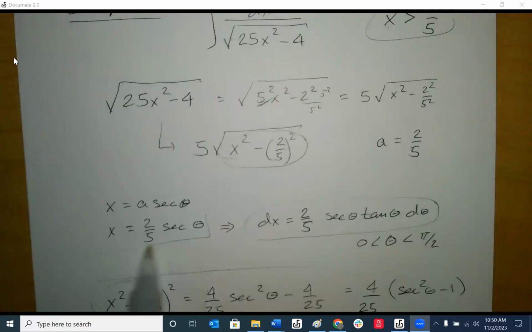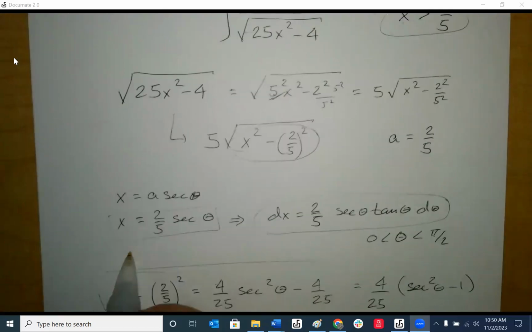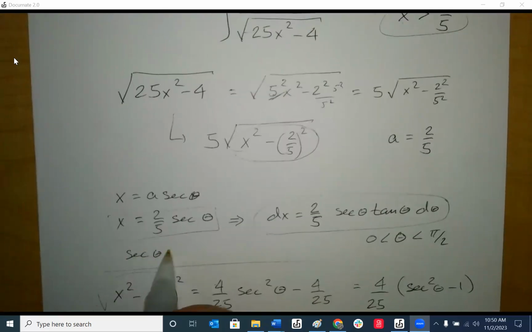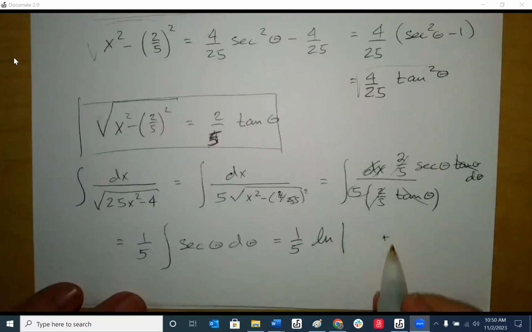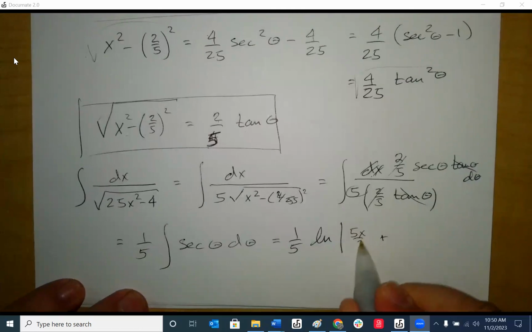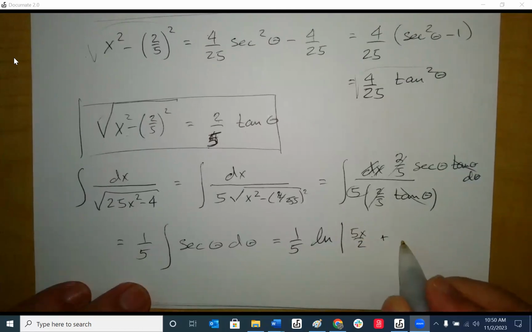Here's secant. So secant theta is the same thing as 5x/2, plus the tangent part.